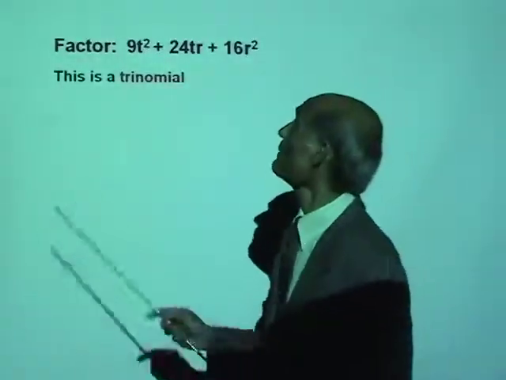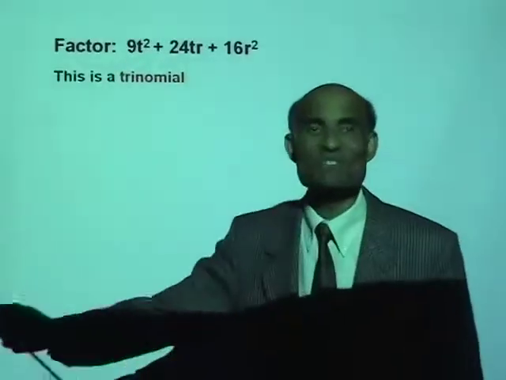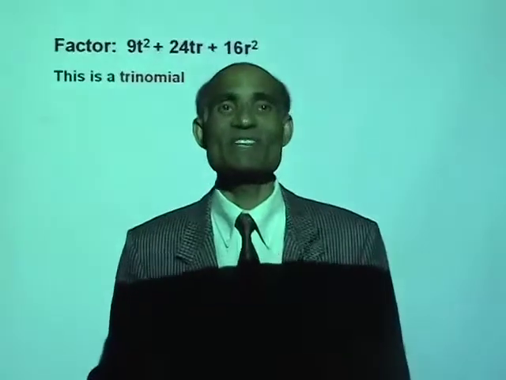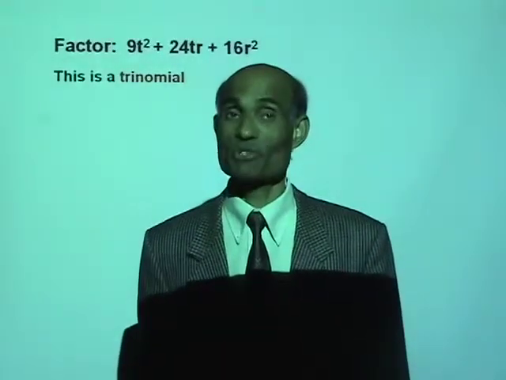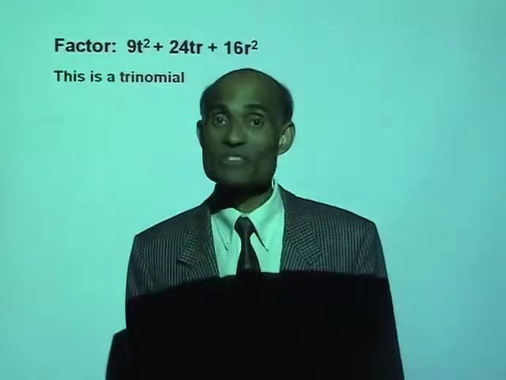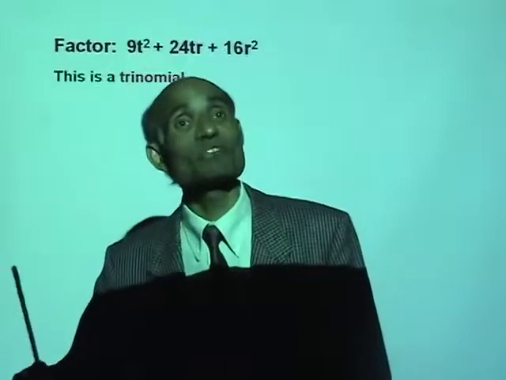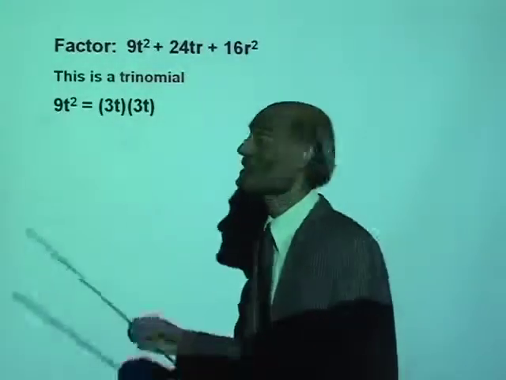What is that? Factor the first term. Can you factor 9t squared for me? What is the obvious way to factor 9t squared? I'm sure you know it. 9t squared is 3t multiplied by 3t. Isn't that simple? Yes.